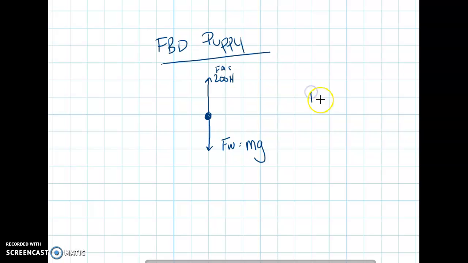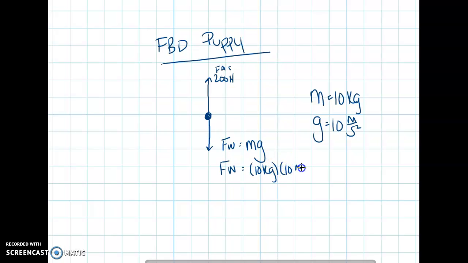And the mass is equal to 10 kilograms. And g is equal to 10 meters per second squared. So in order to solve for the weight of this puppy, we need to take 10 kilograms times 10 meters per second squared, and the weight of this puppy is equal to 100 newtons.